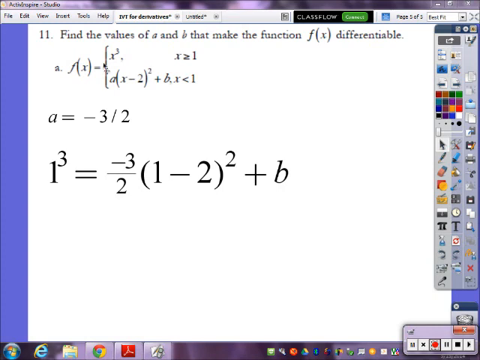I plug 1 in for x cubed, I get 1 cubed, and then a is -3/2, x is 1, and b we are solving for. So when I simplify, 1 cubed is just 1. 1 minus 2 is -1. -1 squared is +1. So I have 1 equals -3/2 plus b.